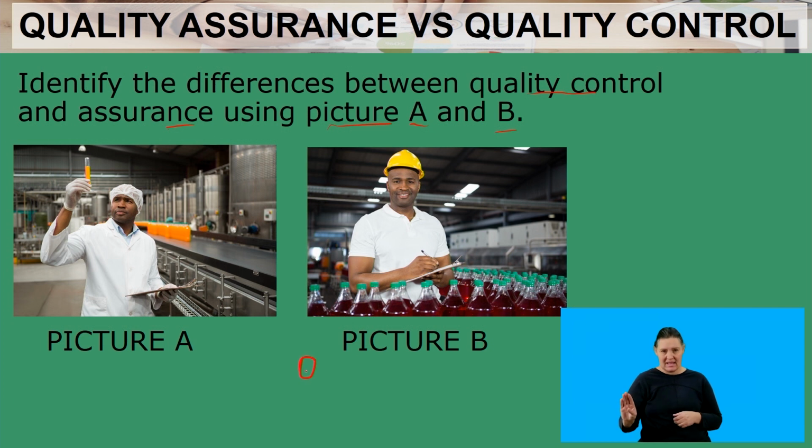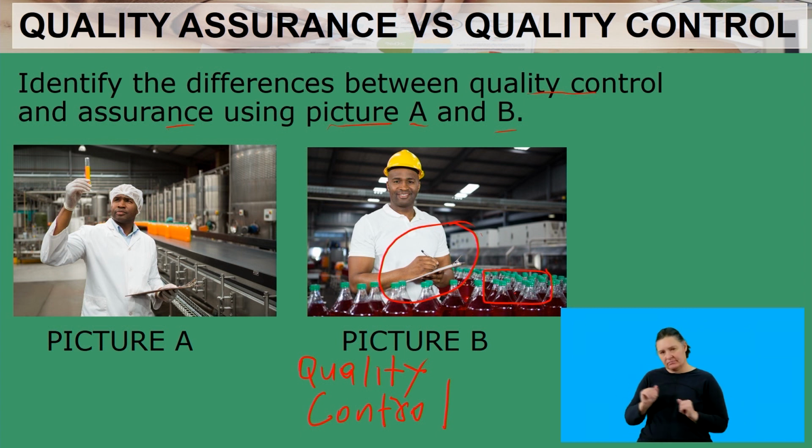So this would be your quality control. Why? Because of inspecting that is happening to say these are finished products. As we can see, the soft drinks now are closed, meaning they are ready to be taken to the customer.